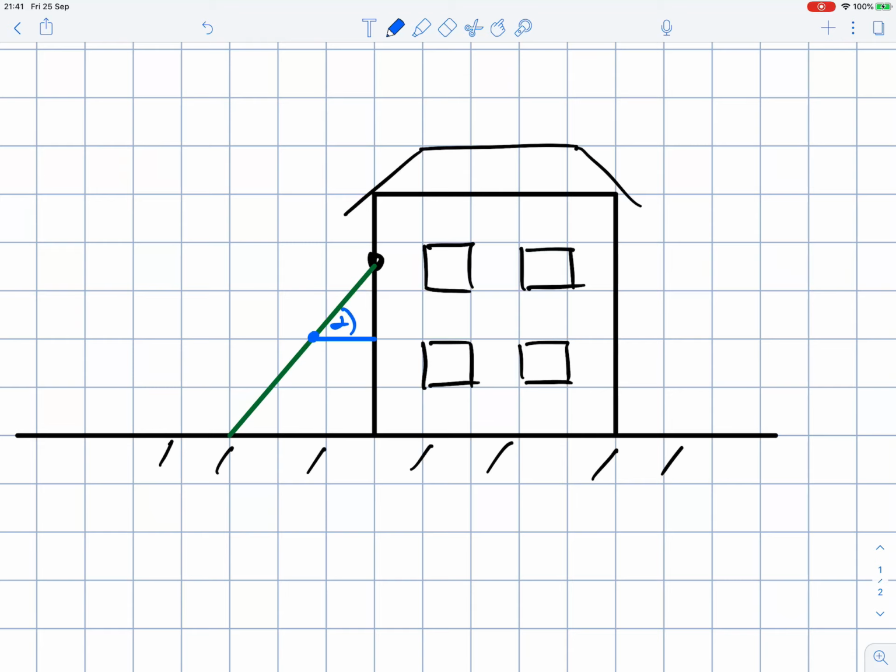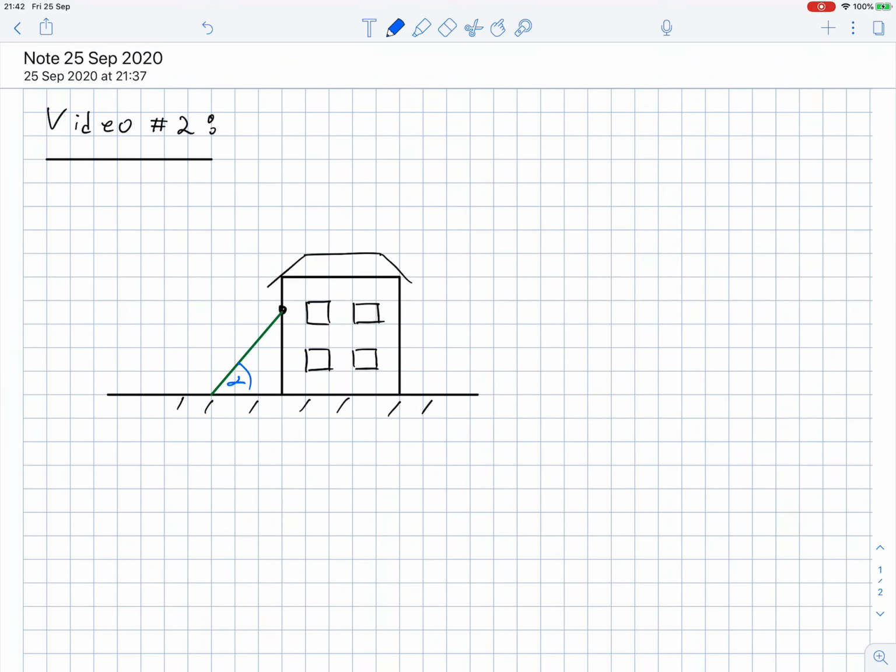Which means for every point that builds this ladder, at any point you can draw a parallel line to the ground, and you'll get the same angle, which means that the slope of this ladder is a constant. This is an example from real life for slope.